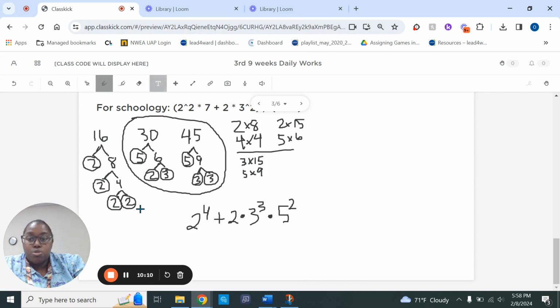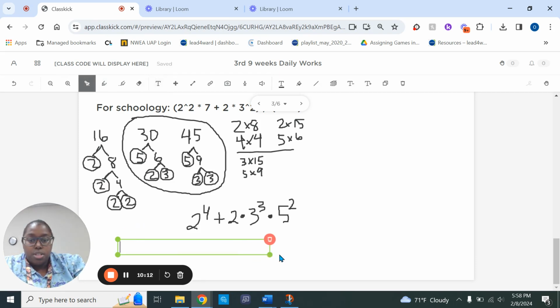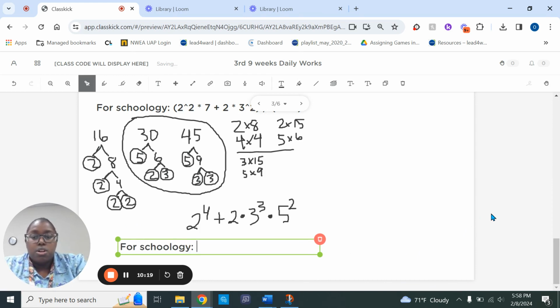Now, for Schoology purposes, once again, there's a way to type this into Schoology. You're going to do 2, shift 6, 4, shift equal, 2, shift 8, 3, shift 6, 3, shift 8, 5, shift 6, 2.